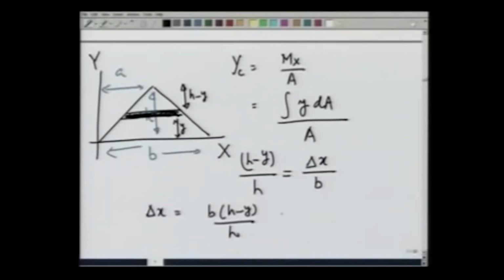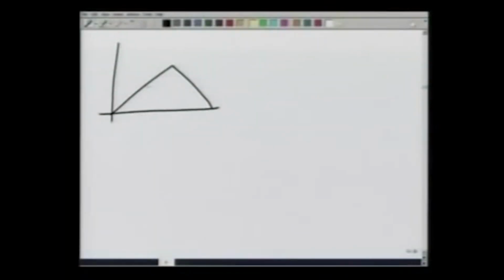Let me make the picture again. I am taking this strip, I am not writing b and a this time.